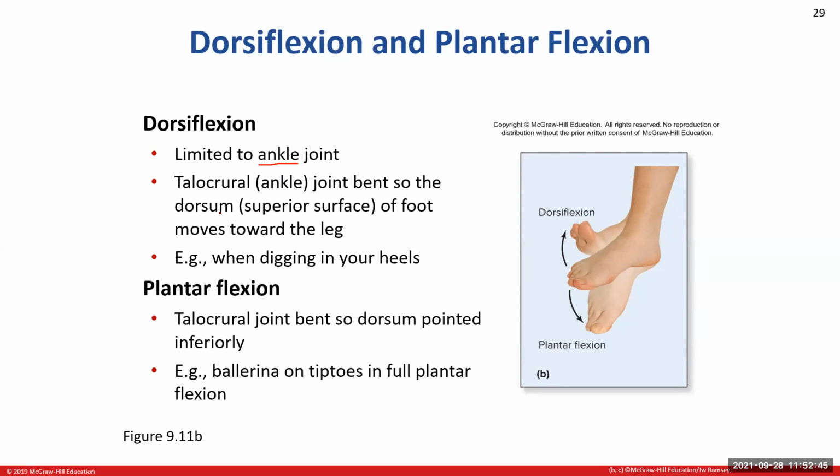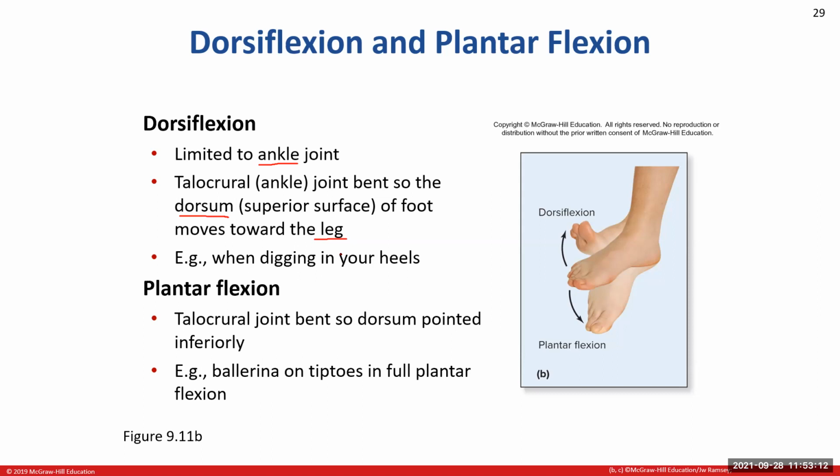When you bring the dorsum of your foot, that's the top of your foot, towards your shin, or your leg, that is dorsiflexion. Another way is if you've ever been asked to walk on your heels, you're going to try to raise the dorsum or the top of your foot toward your shin. Plantar flexion is the opposite.